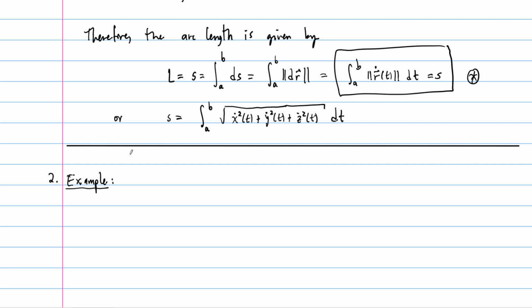Let's compute the arc length of one cycle of the helix. So recall that the helix is given by this formula. There are many different formulas, but here's the one that we want to use today: cosine of t i, this is the vector function, sine of t j, and then just t times k.